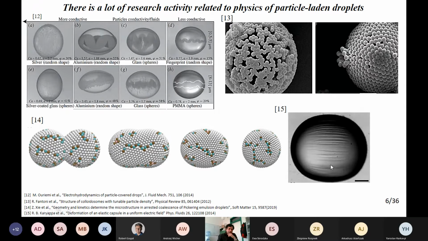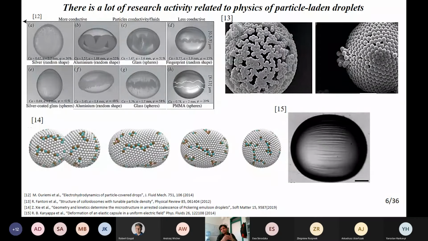Here the researchers studied how the elastic capsule deforms under application of the electric field, and they also showed the formation of wrinkling at the droplet interface. This is the overview of what people have worked on for the three-phase system and the two-phase system.